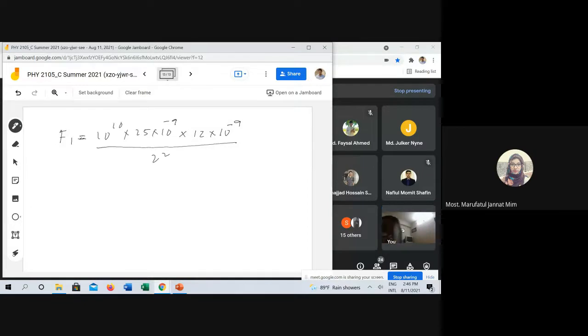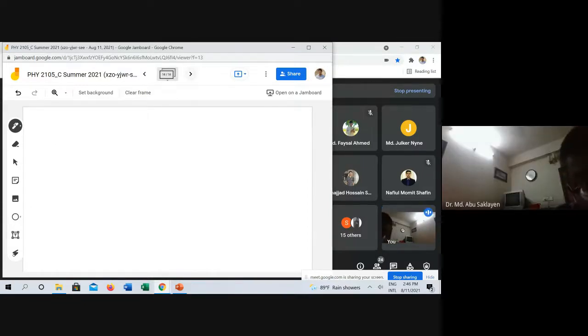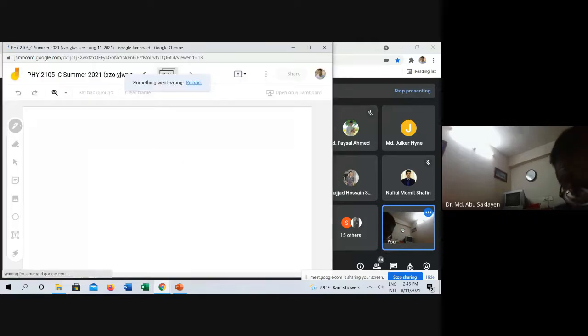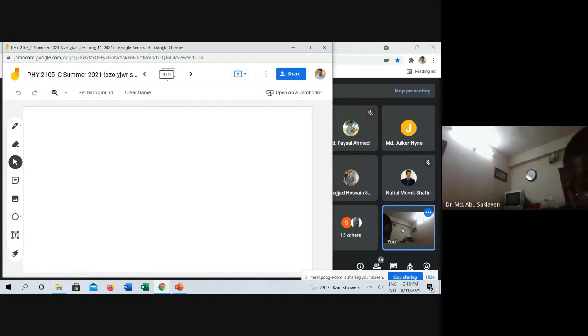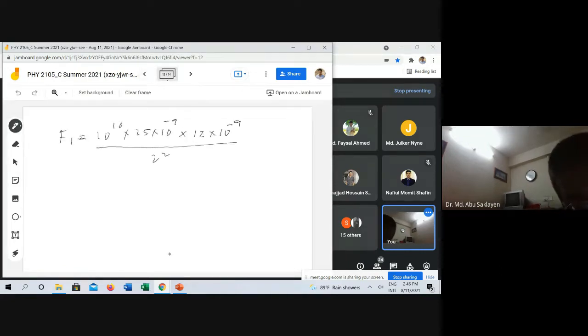7.5 গুণ 10 to the power -7 আসছে স্যার। Oh yes. F1 equal to 7.5 into 10 to the power -7 Newton.